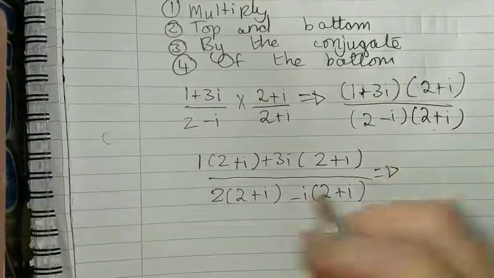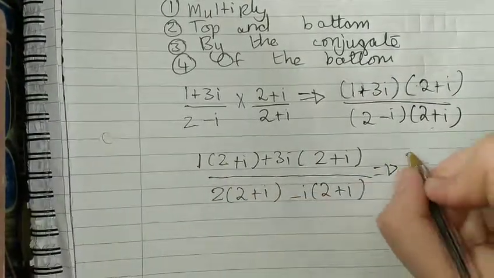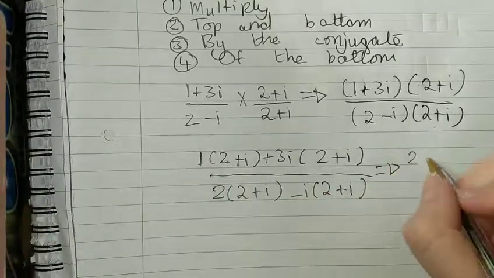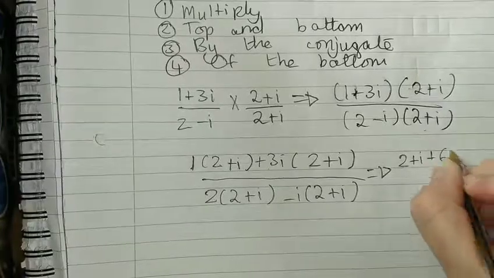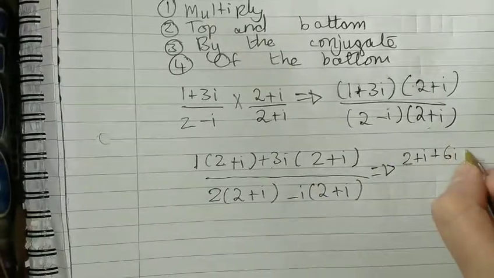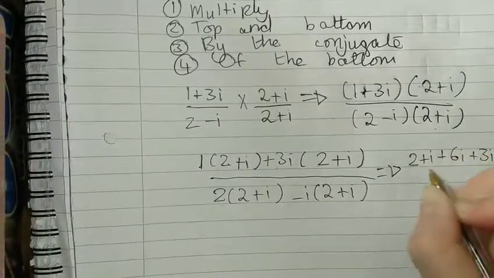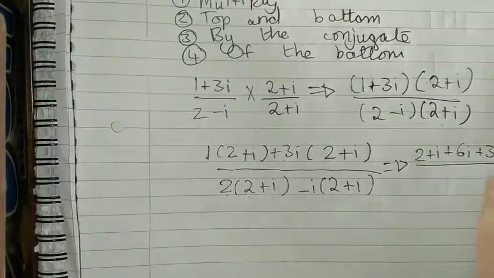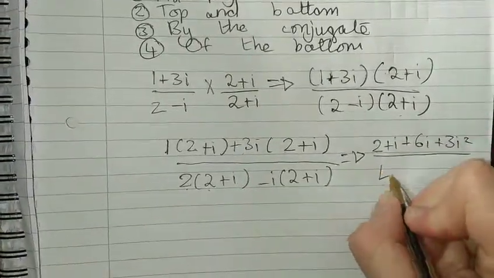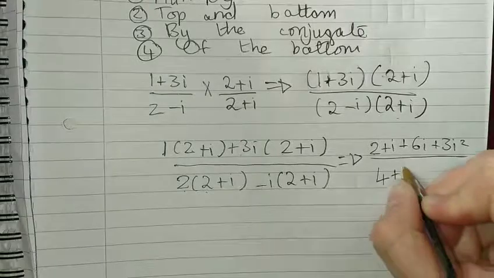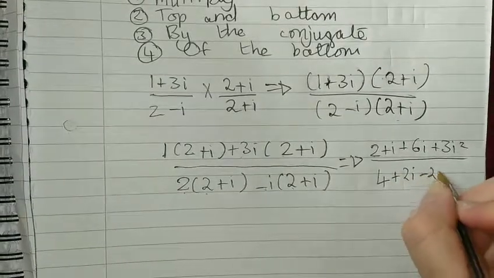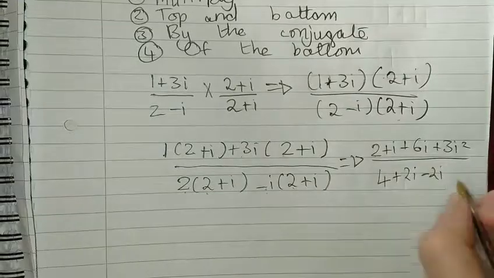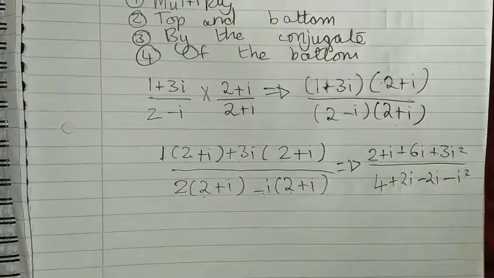So here we have 1 by 2, which gives us 2, 1 by i, which gives us i, 3i by 2 gives us 6i, 3i by i gives us 3i squared. 2 by 2 gives us 4, 2 by i gives us 2i, minus i by 2 gives us minus 2i, and then minus i by i gives us minus i squared.